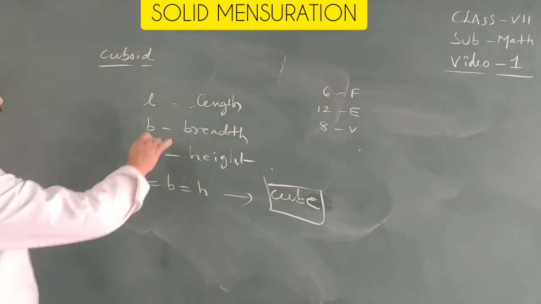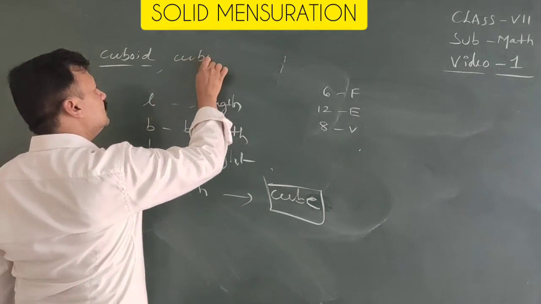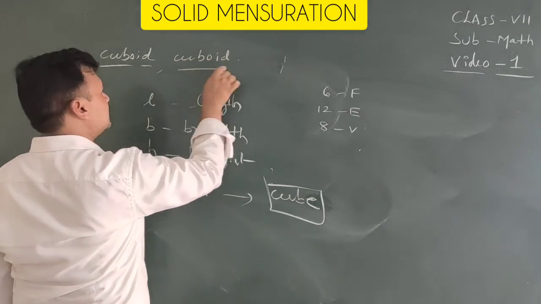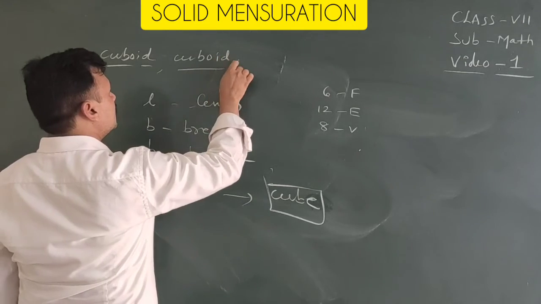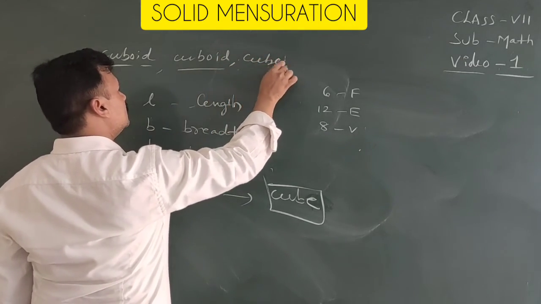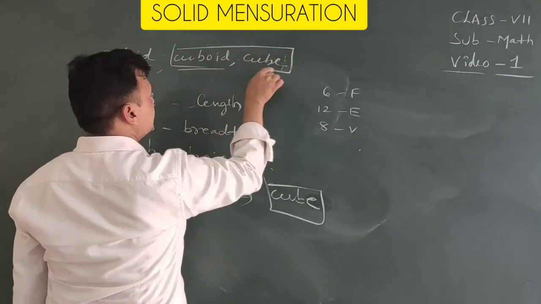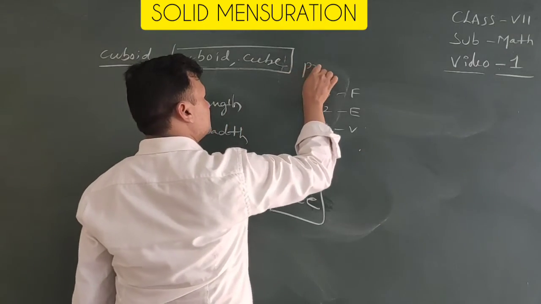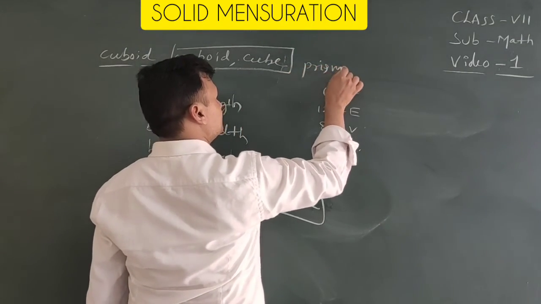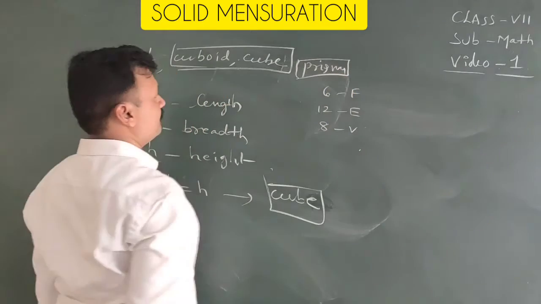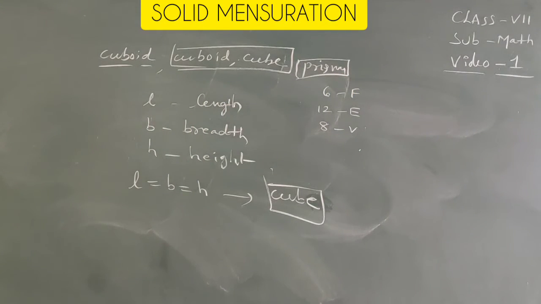Cuboid and cube together are treated as prisms.